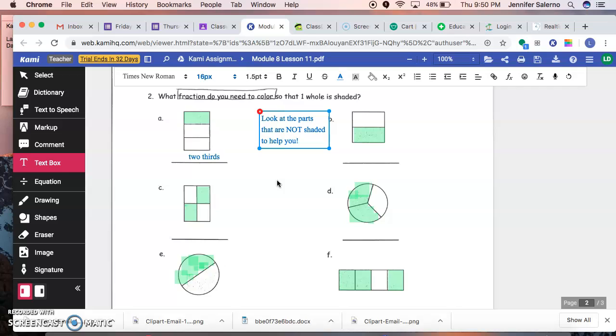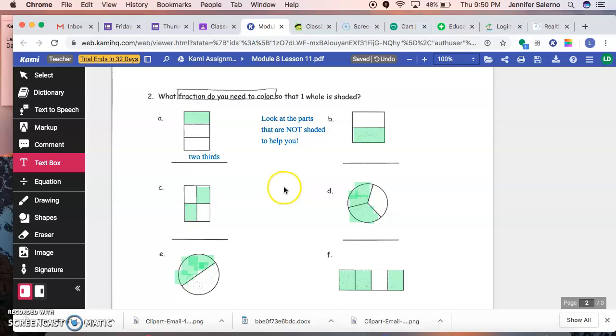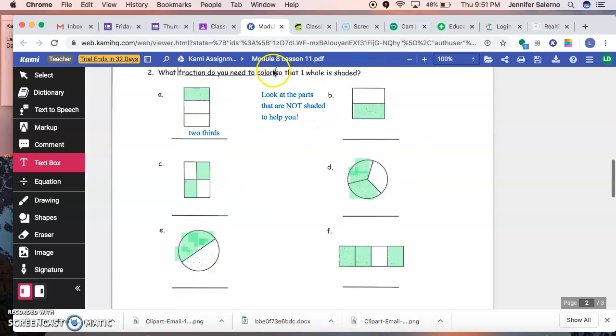That's going to be your clue when you're solving this. You are not telling me the parts that are shaded. You are telling me how many parts are not shaded because I would need to color them in to make one whole. So again, that's why this answer is 2/3. 2 parts are not shaded out of 1, 2, 3 in total. All right, so that's what you're going to do for this part right here.